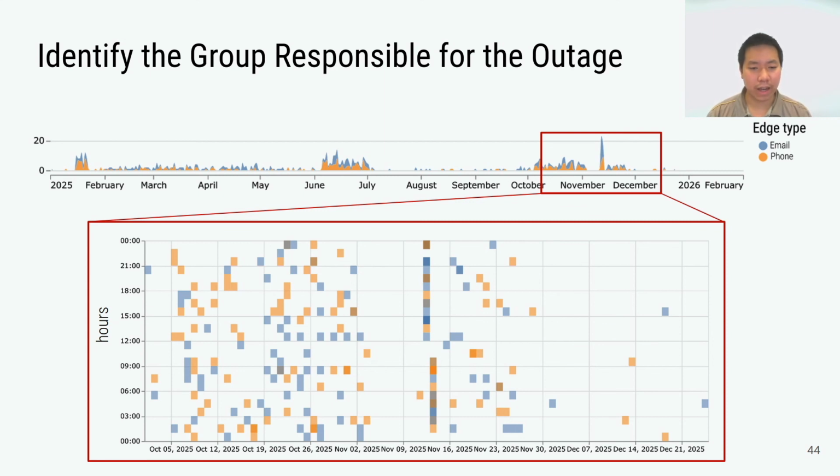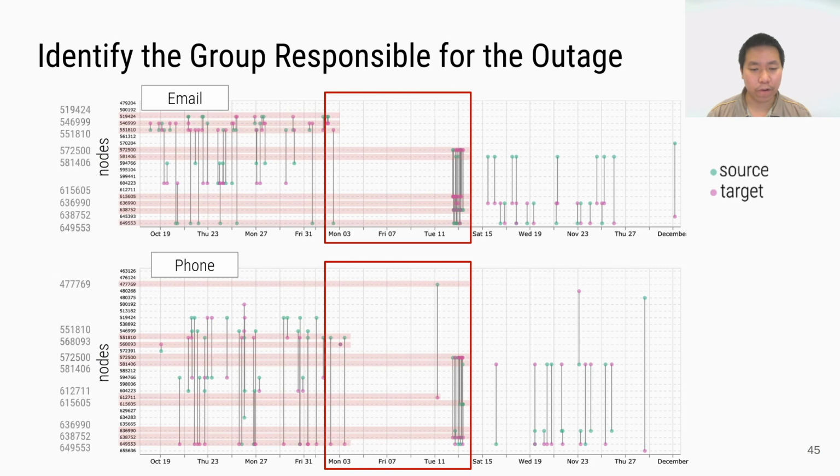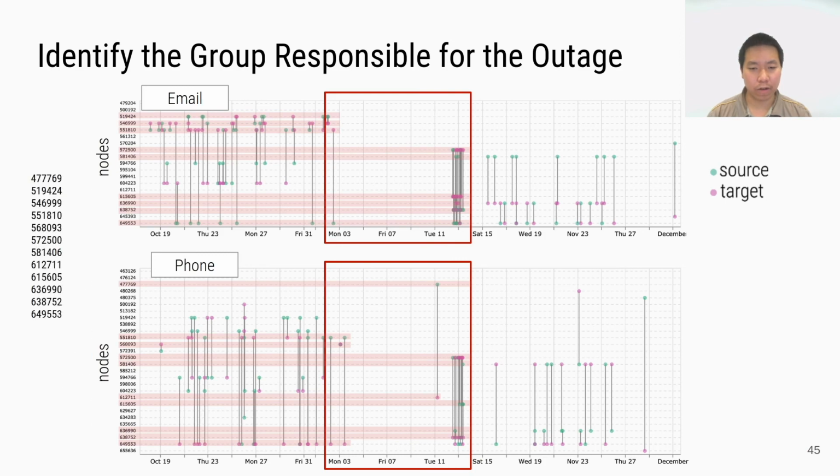Surprisingly, there was an exchange of email and phone calls in the 2 following days. So we look at the connection between people before and after the outage. We observe a dense communication by both phone and email among a group of people 2 days after the event. So we suspect that those people may be responsible for the outage.